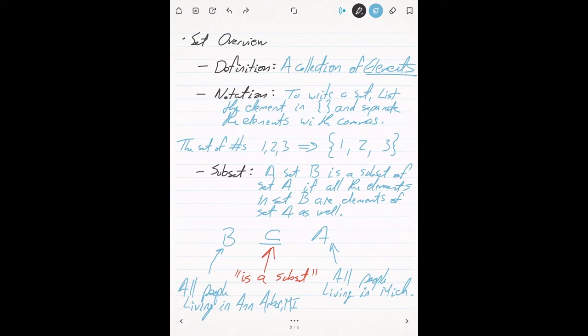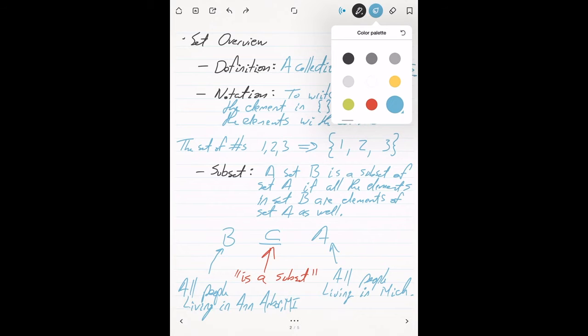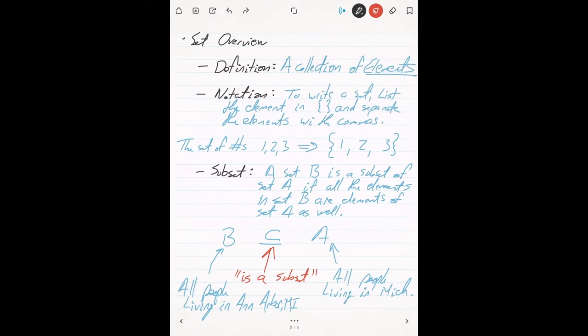Okay, a subset is really a subcategory. As long as you can show that all of the elements of the subset are elements of the other set, then you showed that it's a subset. Hopefully this is making sense.